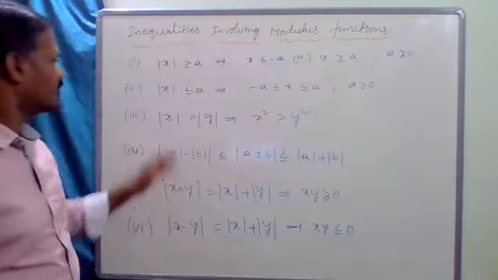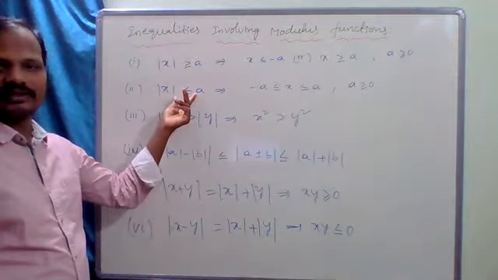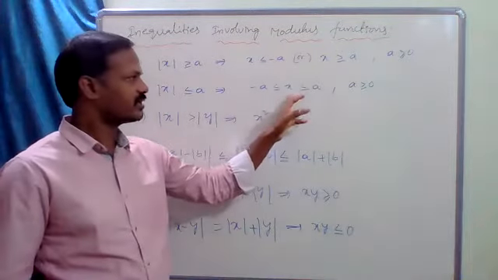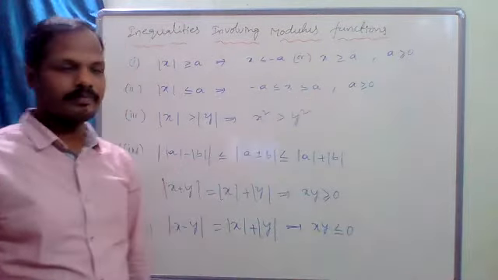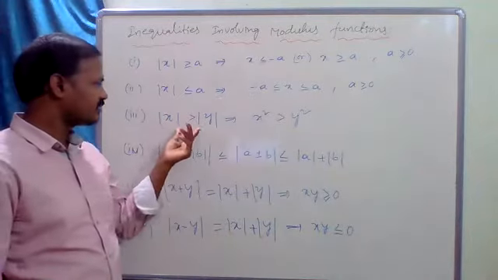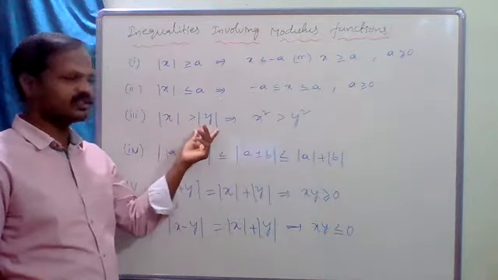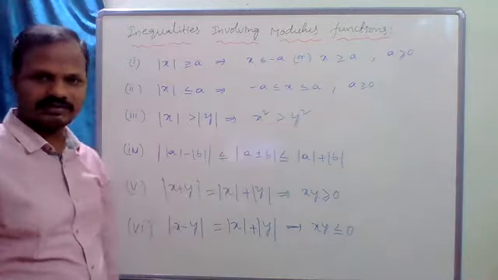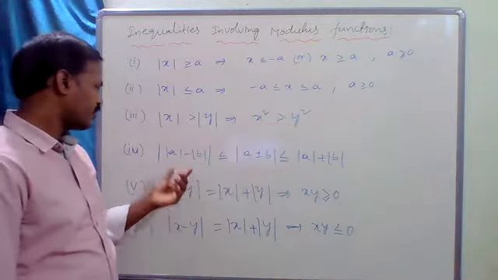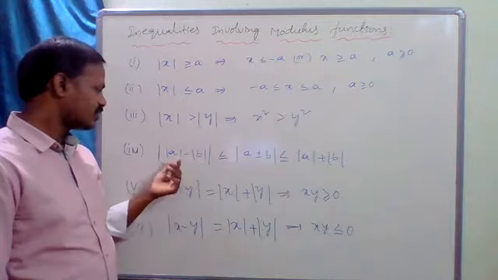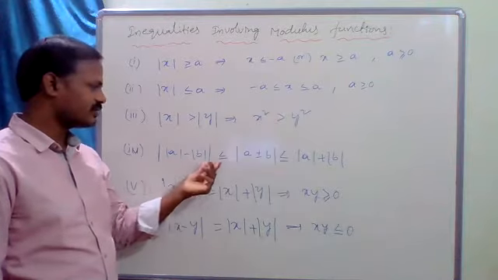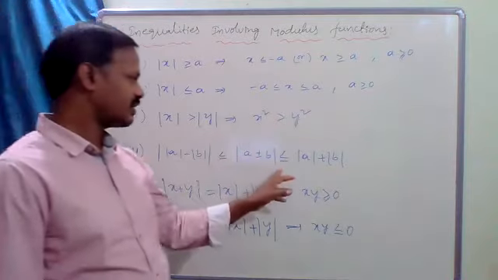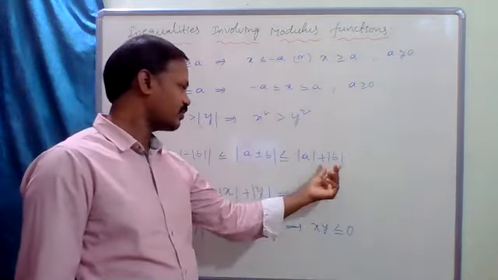Mod x less than or equal to a means in between minus a and a. Now mod x greater than mod y: both are positive, so you can apply squaring, giving x square greater than y square. Now modulus of mod a minus mod b is less than or equal to modulus of a plus or minus b, which is less than or equal to mod a plus mod b.